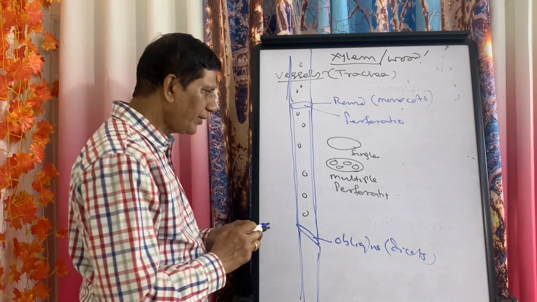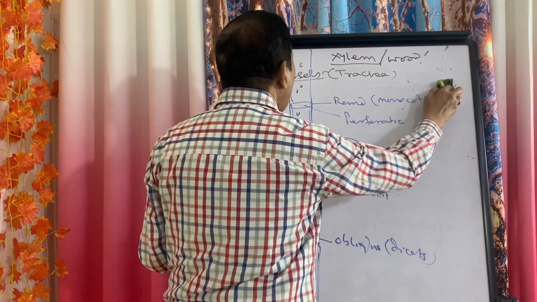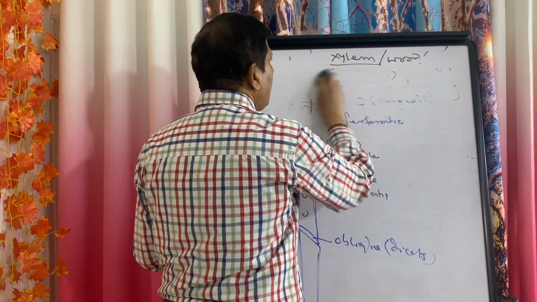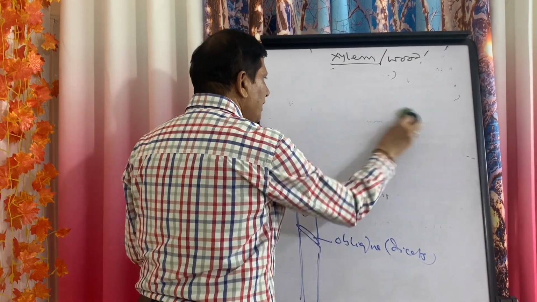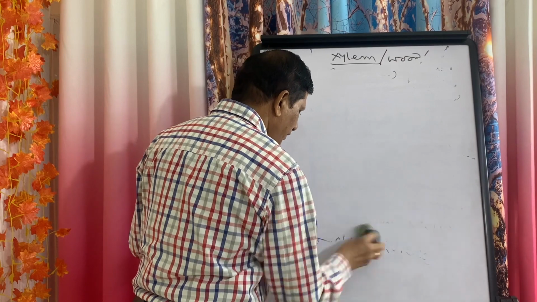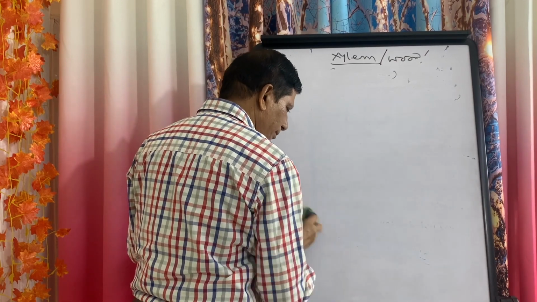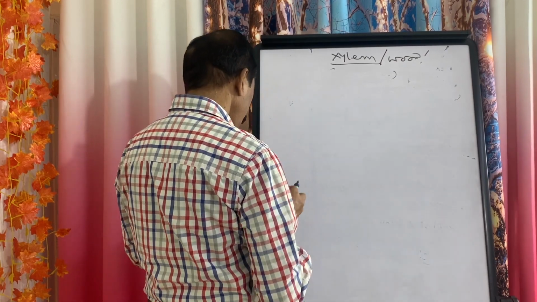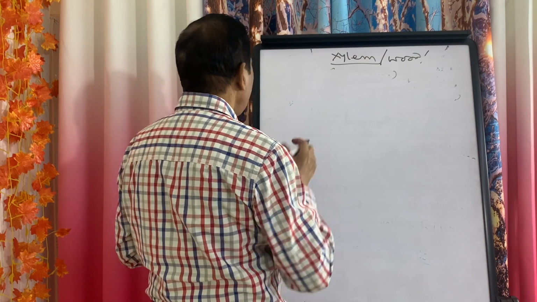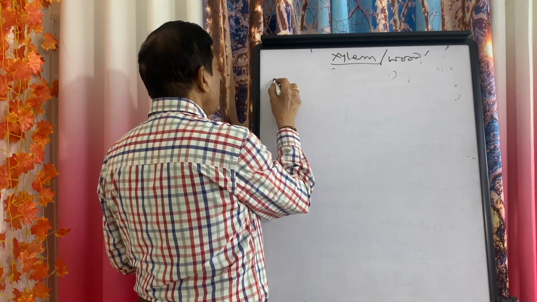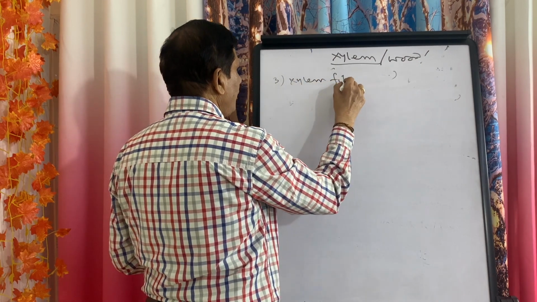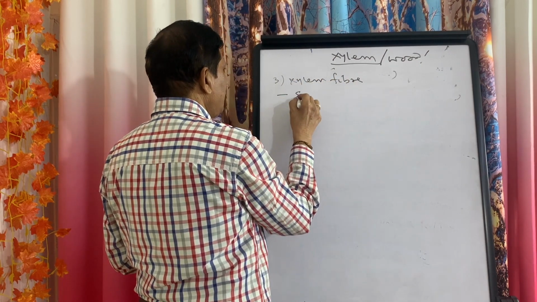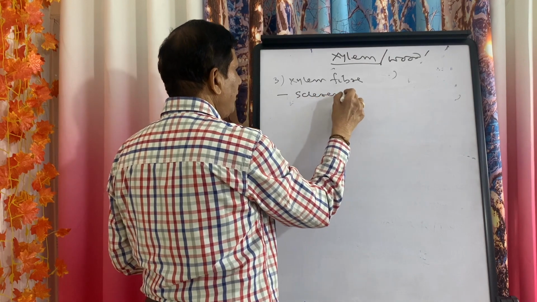If we come to the third component, the third component is xylem fiber. And xylem fiber is nothing but sclerenchyma fiber that is associated with the xylem. So it is just like sclerenchyma fiber.